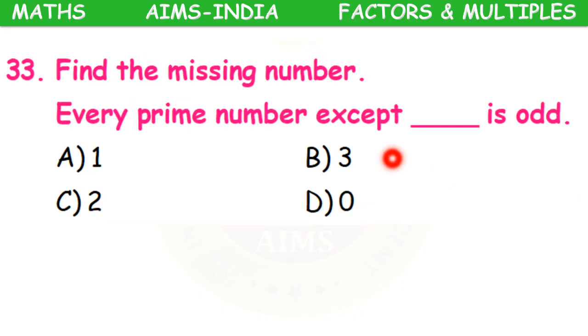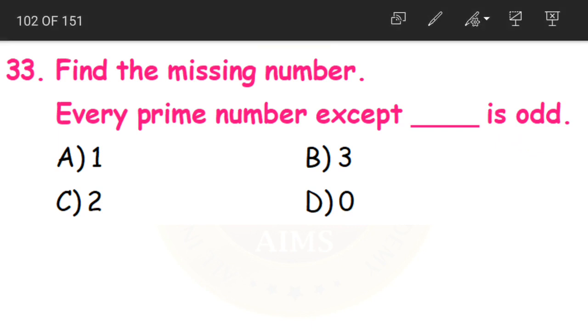Next question. Find the missing number. Every prime number except dash is odd. Now if you observe all the prime numbers, children, all the given prime numbers are odd numbers.